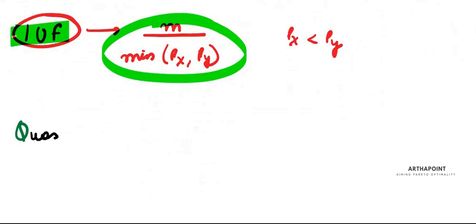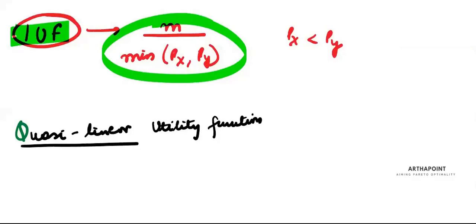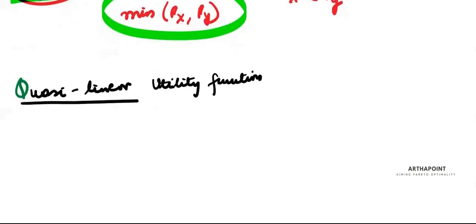These are called quasi-linear utility functions. Now, what is a quasi-linear? First of all, what is the word quasi? What does that quasi mean? So the word quasi actually means partial, half, near to linear.